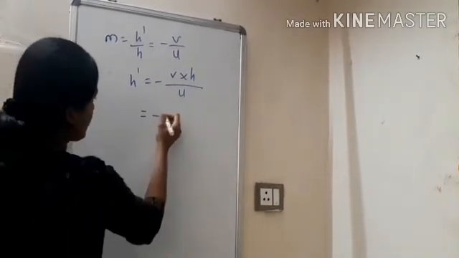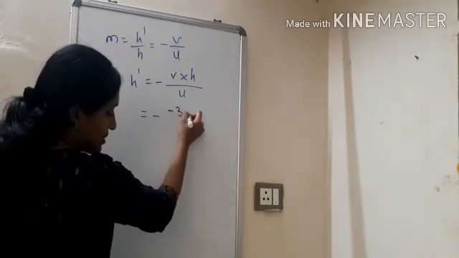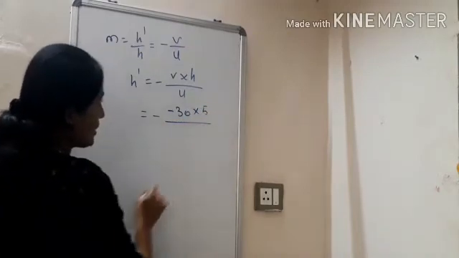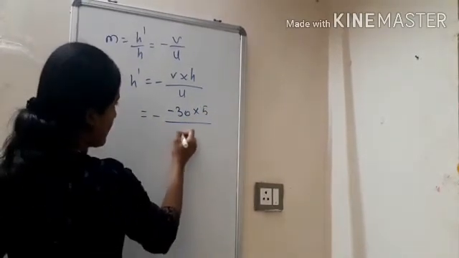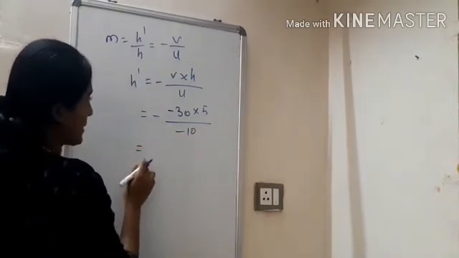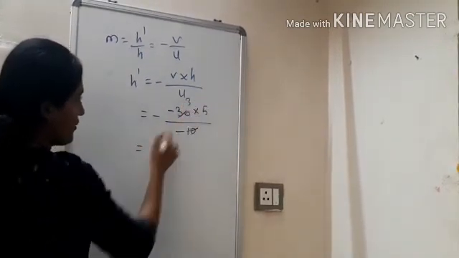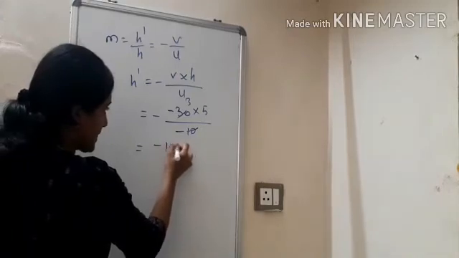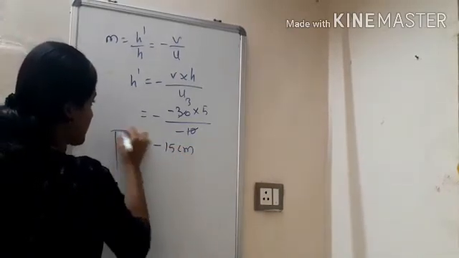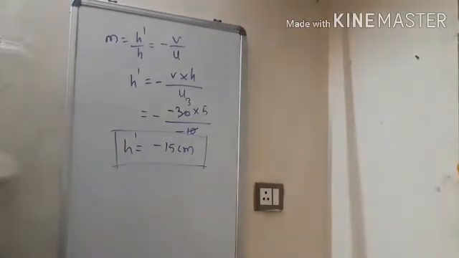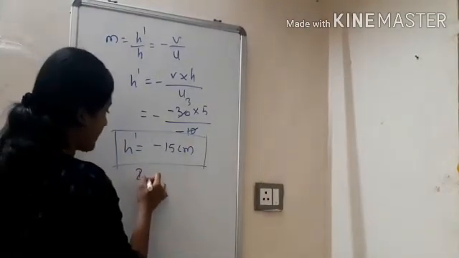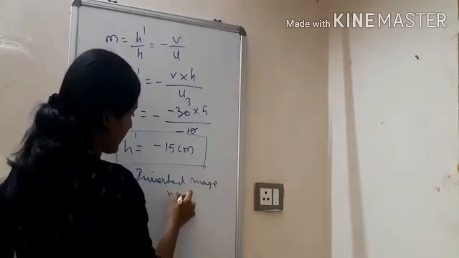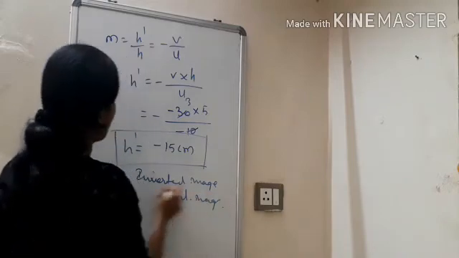That is the image distance we just got, 30 centimeter, into height 5 positive, and then u is negative 10 centimeters. So now minus 3 is 15, minus into minus plus, here is 1 minus, so it is 15 centimeter below the principal axis. That means it is an inverted image. Okay, inverted image and real image is formed.